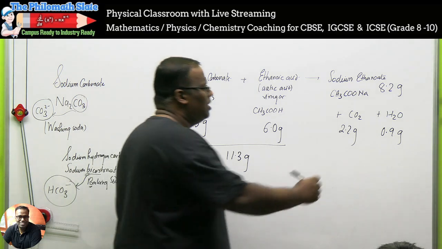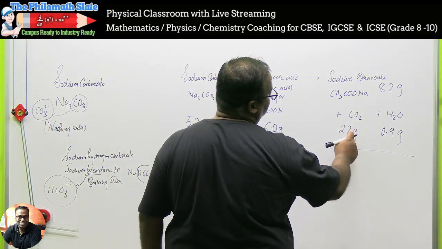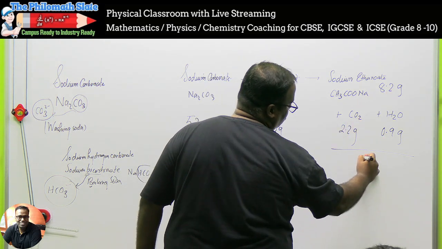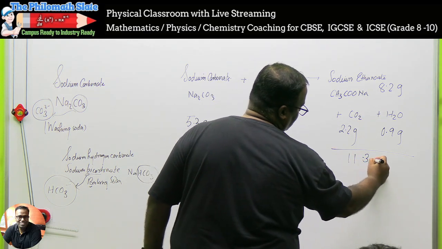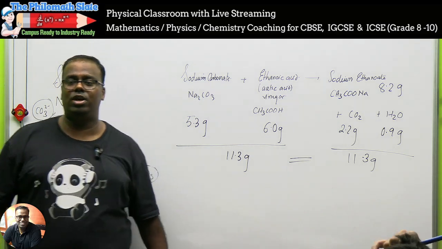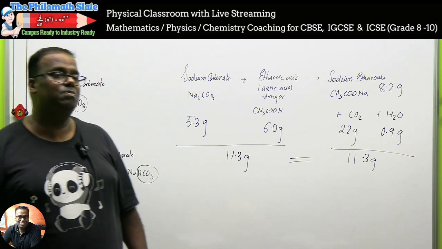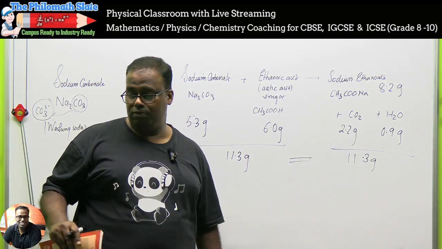So you just find the product mass. Yes, how much is it? 0.9 plus 2.2 is 3.1, plus 8.2 is 11.3. Completely matching. So you write the total mass of reactants is this, total mass of products is this, as mass of reactants is equal to mass of products, hence the given data verifies the law of conservation of mass.